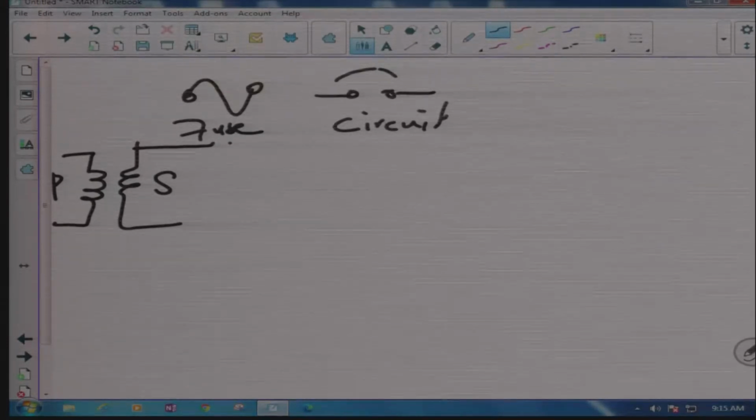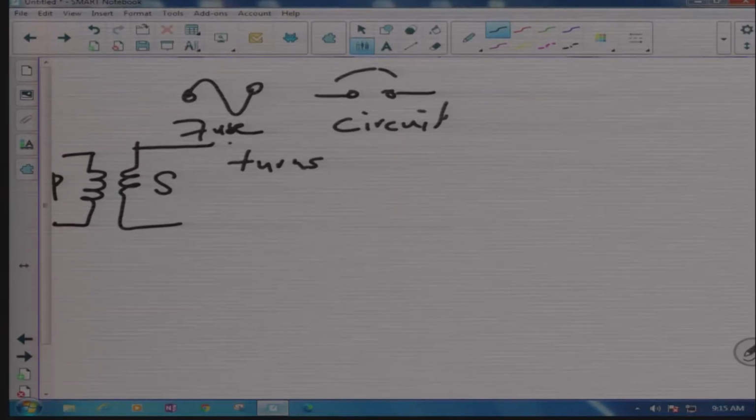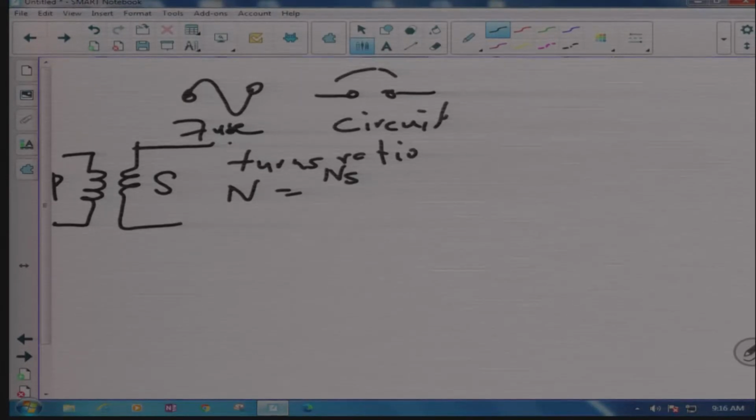Now, that is the power in electronics. What helps us to know that is what we call the turns ratio. It's normally symbolized with an N. It's given as N secondary over N primary.